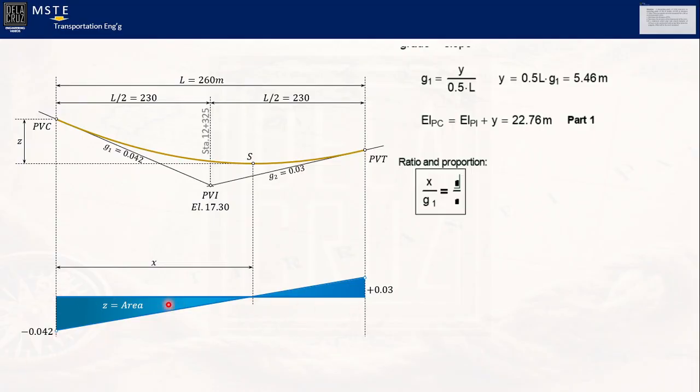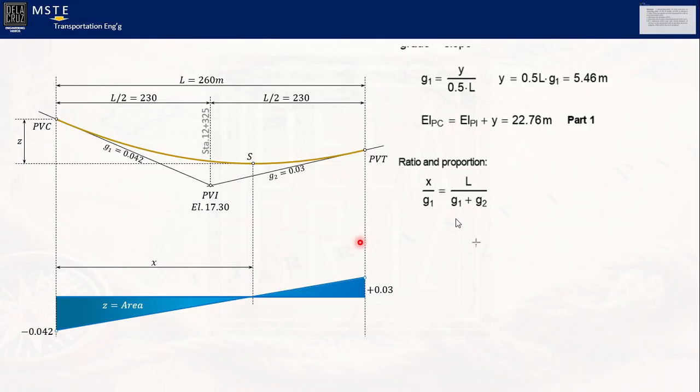Total length from here to here is to the total grades, no? G1 plus G2. So by the way, huwag nyo siyang gawing negative, okay? Because a ratio proportion, that is a geometric analysis. Basta geometry, hindi natin gagawing negative yan. So that would be the total length L over G1 plus G2.